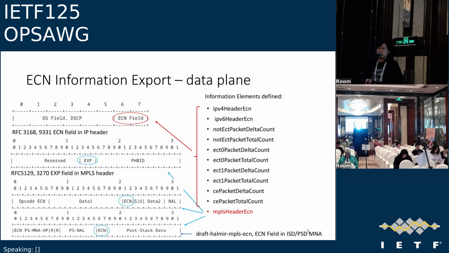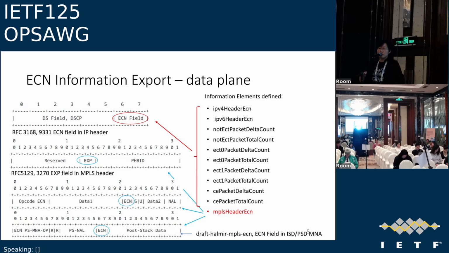And for the ECN information elements design, through this slide, on the right side, you can find a list of information elements that are designed: the IPv4 header ECN, IPv6 header ECN, and MPLS header ECN, where the ECN status is carried in the IP header or MPLS header.